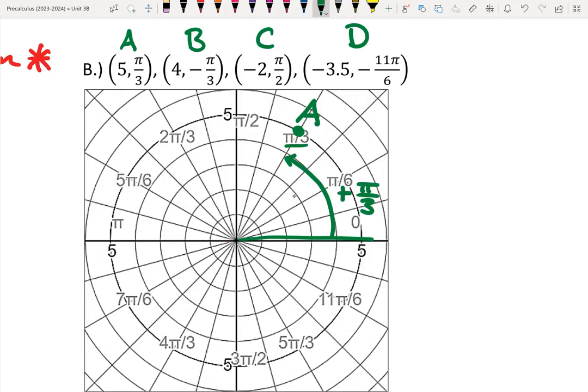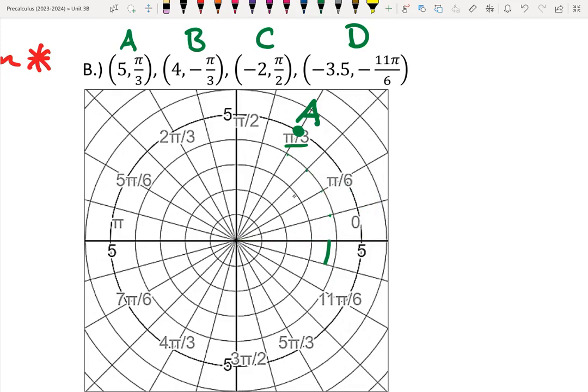Well, we go the same direction. So I went 1, 2, 3, 4 arcs over. So 1, 2, 3, and I'd end up here. That is negative pi over 3. And it actually ends up being directly across from the x-axis.